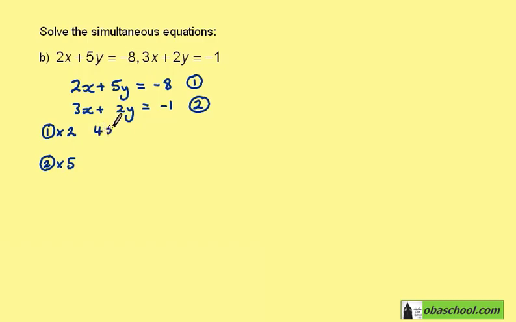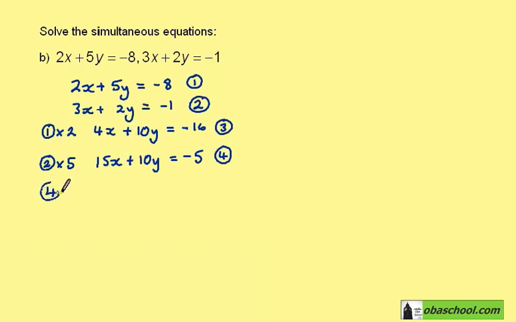1 times 2 gives us 4x plus 10y is equal to minus 16. 2 times 5 gives us 15x plus 10y is equal to minus 5. So note we now have the same number of y's. If we look at these y's, we can see the signs are the same.